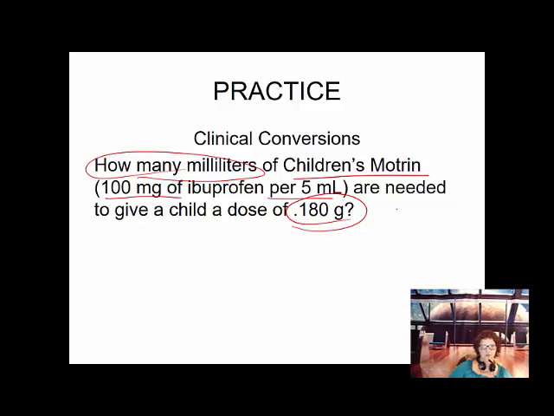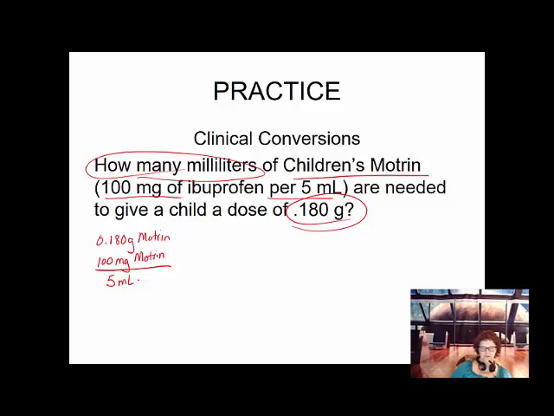The dose is what you can measure holding your hand this time. So we're given 0.180 grams of the Motrin. That's what we want. We have 100 milligrams of Motrin over 5 milliliters.